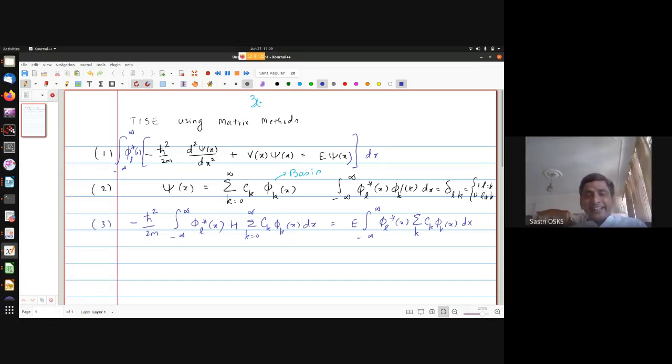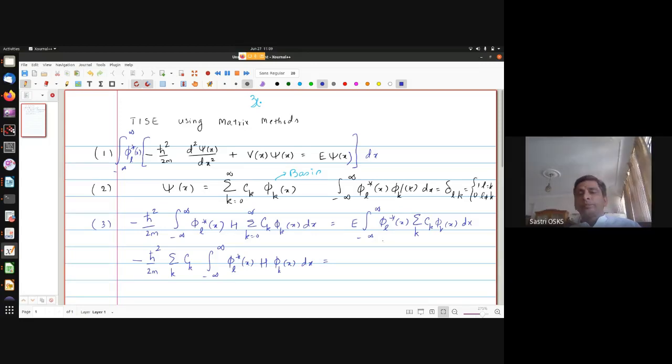The Hamiltonian is a linear operator, right? It's a Hermitian operator, therefore it is linear also. And integration is a linear operator. So I can bring this summation out. So I can simplify it like this: summation over k c_k integral minus infinity to plus infinity phi_l star of x into H times phi_k of x dx.